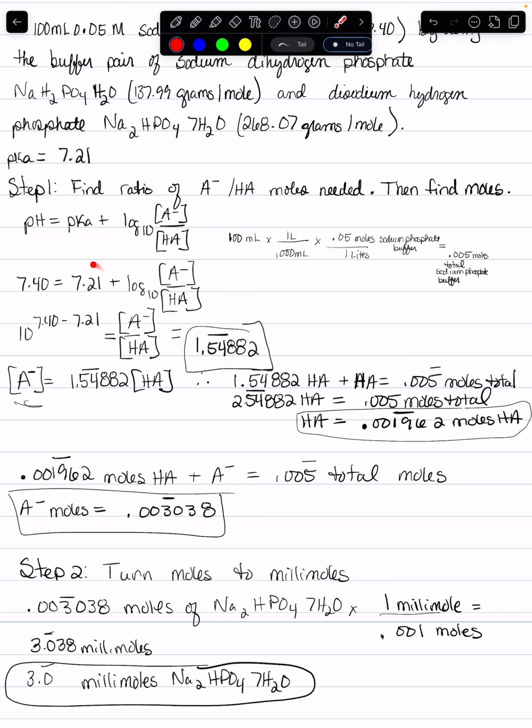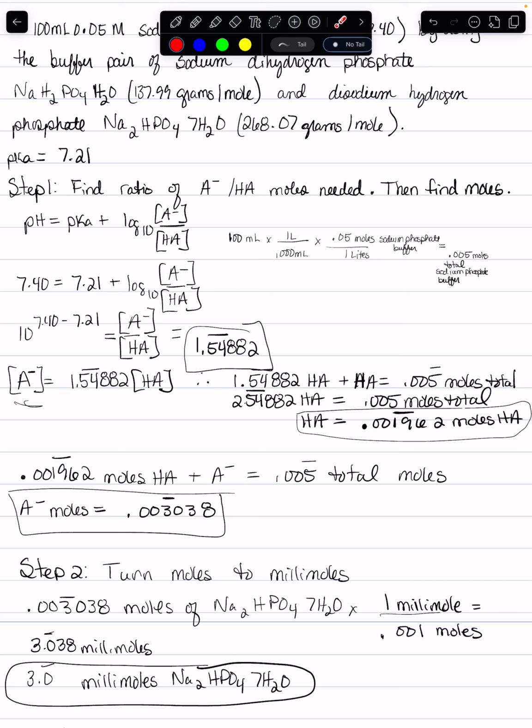The pKa is the pH at which half of the weak acid is protonated and half is deprotonated. Our desired pH of 7.4 is more alkaline than the pKa, which means we will need to add more of the base.